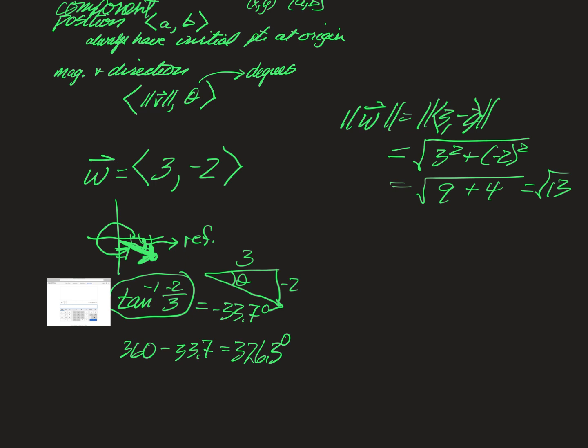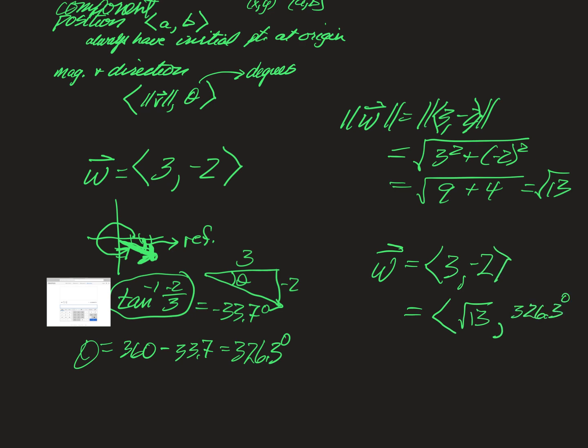And so that's our angle, theta is equal to that, and so we can write W in component form as 3, -2, which is now equal to the magnitude square root of 13, comma 326.3 degrees. Okay? So that's how we find the direction. Okay?